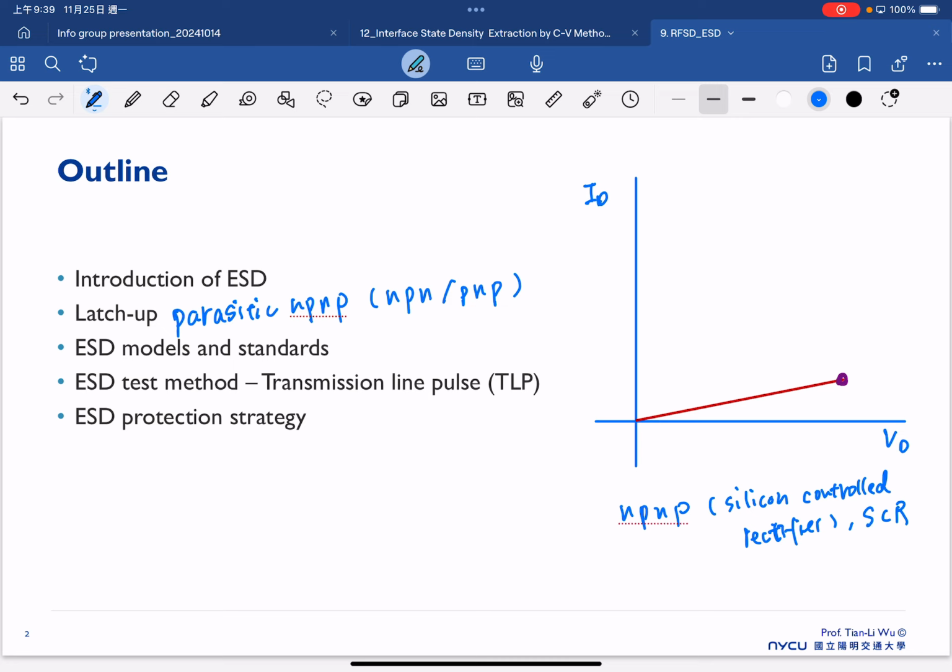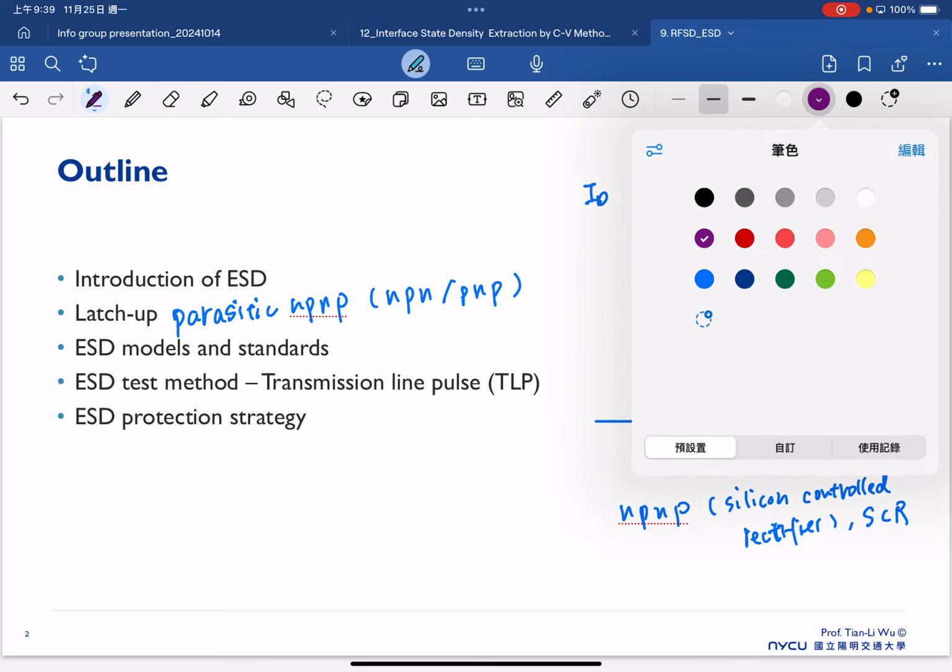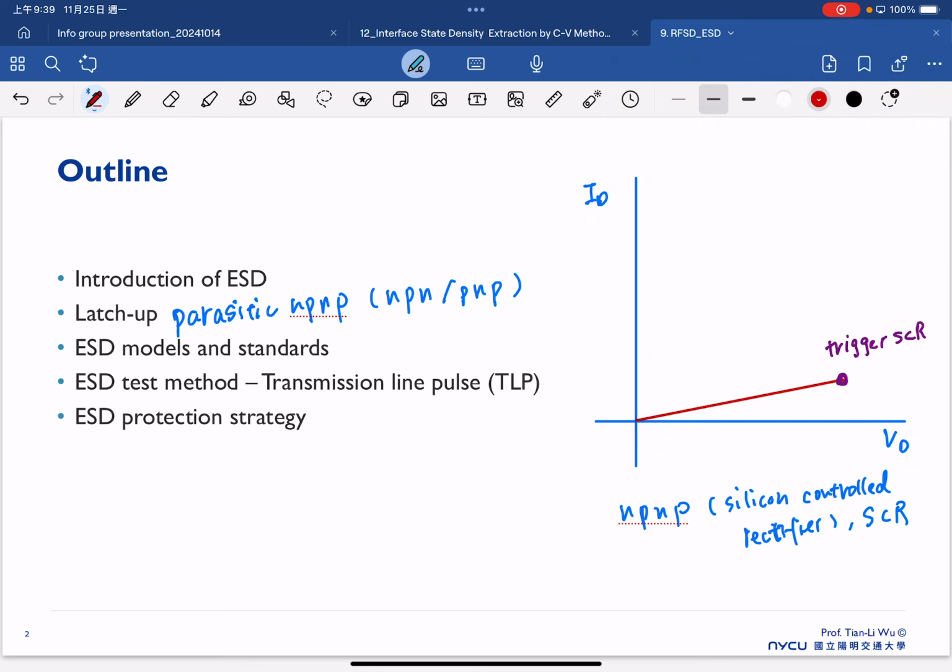Once a huge voltage is suddenly applied to our transistor, at a certain moment this large drain voltage will trigger the silicon control rectifier. Once it is turned on, we start to see a huge current increase, like in this way.